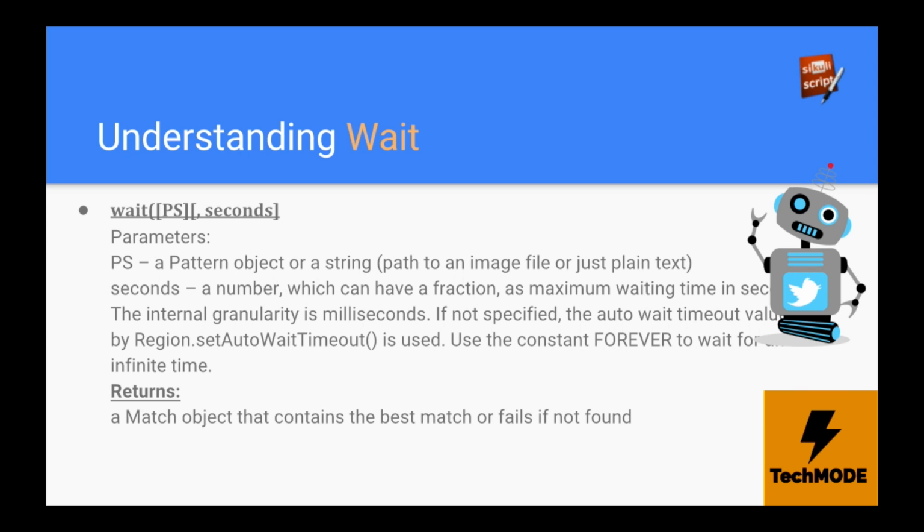For example, if there's a particular button and you have given an image of that button, it's going to wait for a particular number of seconds. That is the second argument that you pass, and it will give you a confirmation about it. So that's wait. It basically returns a match object. If a match is found on the screen, it returns a match object saying this one is found.